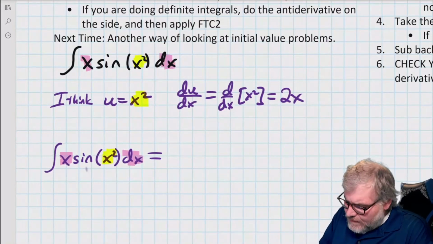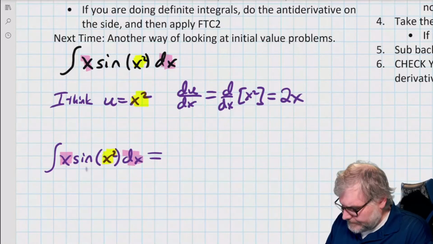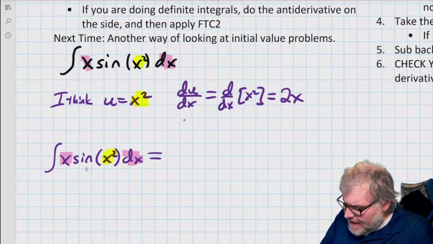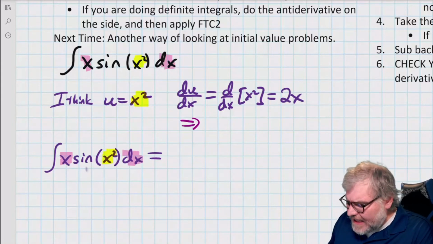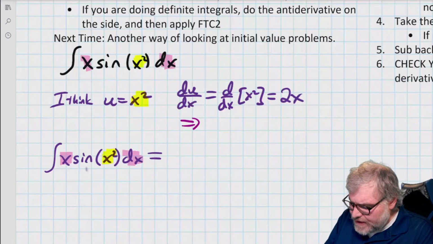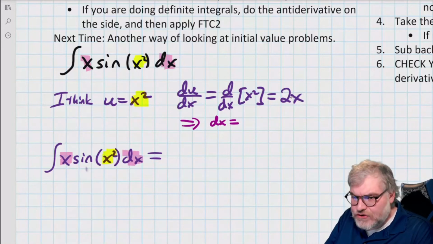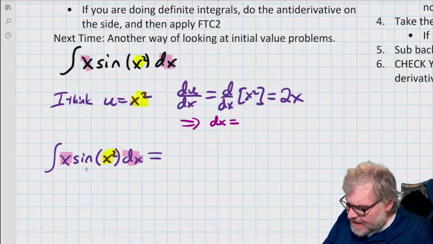So that means the derivative of u with respect to x is 2x. Now, as I said, I'm going to treat this as if it was a fraction, so I'm going to solve for dx. If du over dx equals 2x, then I multiply by dx and divide both sides by 2x, and dx is going to be du over 2x.